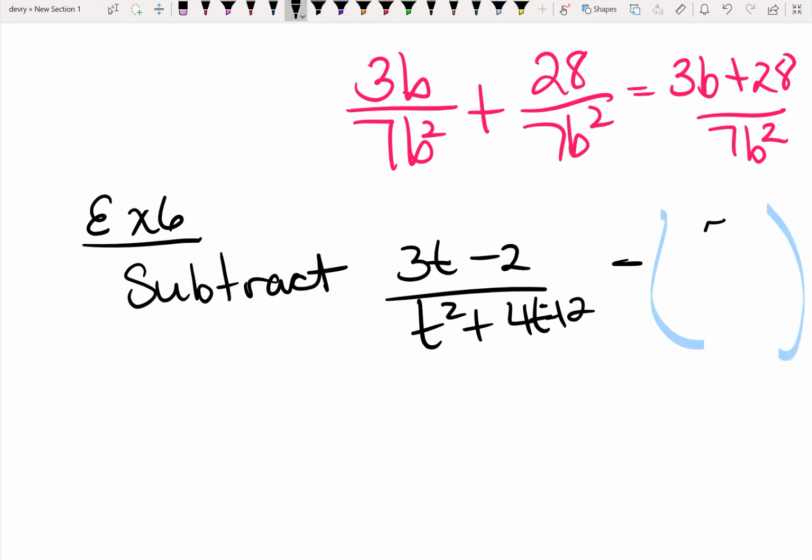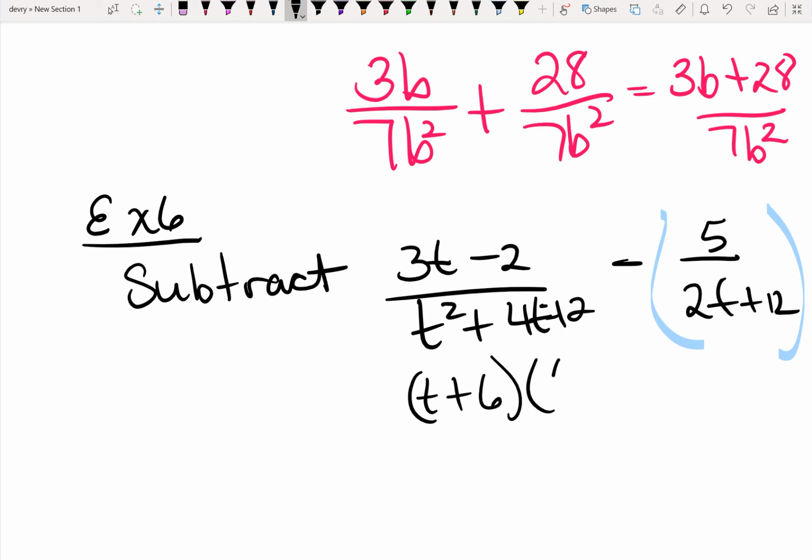If not, just mentally. And you get 2t plus 12 for this denominator. So what we want to do here is we want to factor as much as possible. So I'm looking at this 4t minus 12, and I am thinking this has to be a t plus 6, t minus 2. And if I factor this part, this is 2 parentheses t plus 6. I would leave everything else alone.